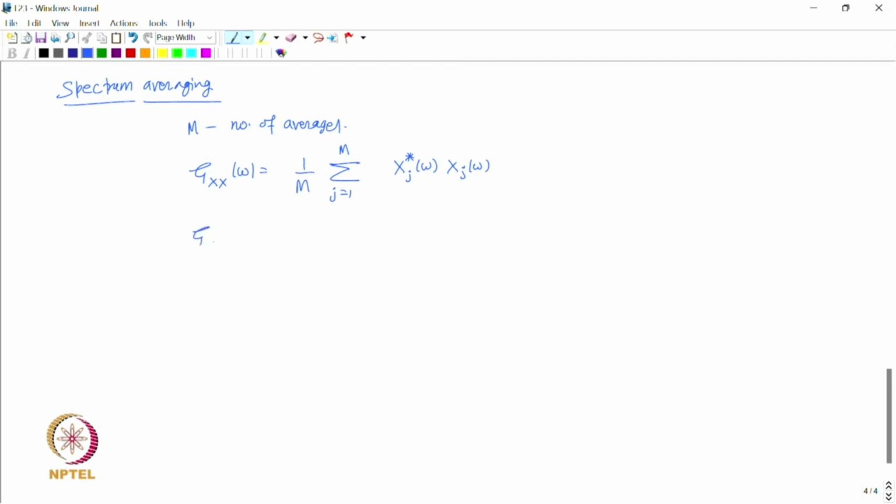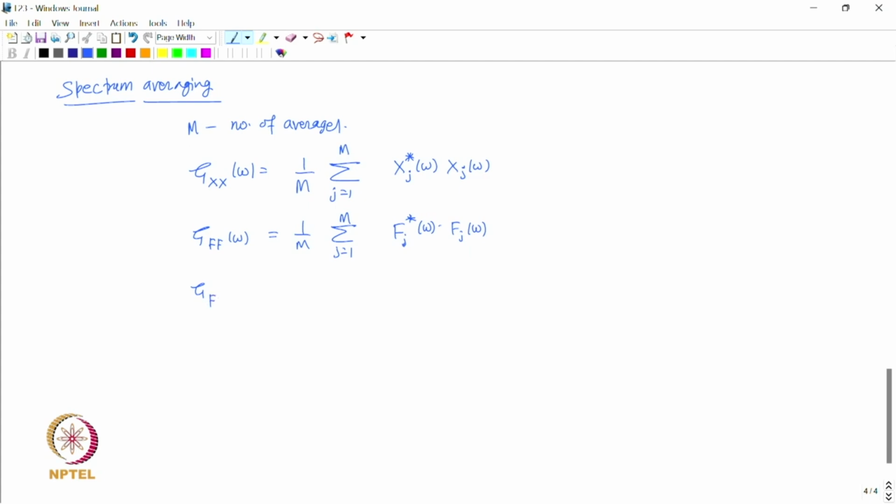Similarly, the auto spectrum of the force can be obtained by summing all the auto spectrums corresponding to different measurements, F j star omega F j omega. And then we can find a cross spectrum.